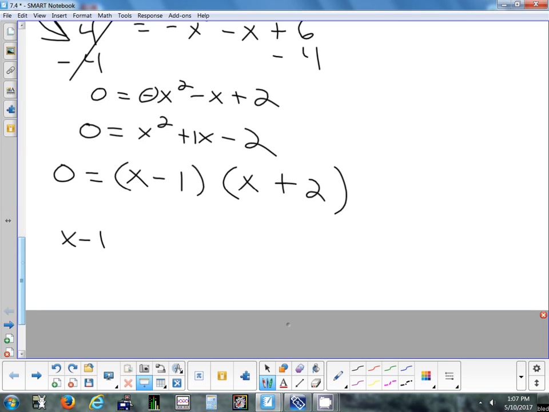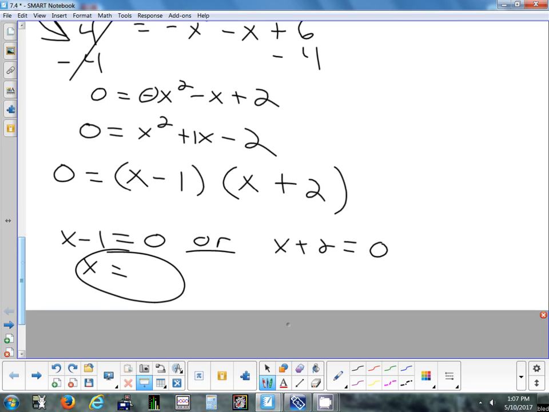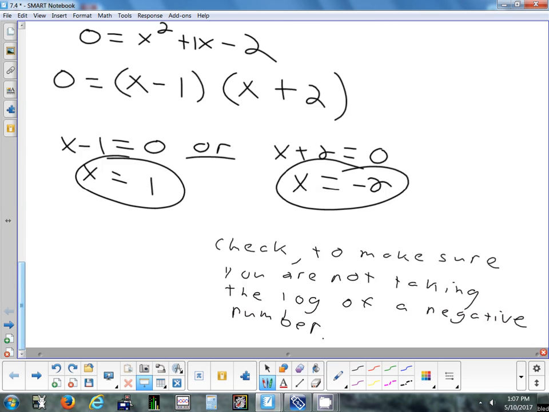So either this is 0 or the other one is 0. What value of x would make the first one 0? Positive 1. What value for x would make the second one 0? So x is either one of those numbers. Those are your answers.